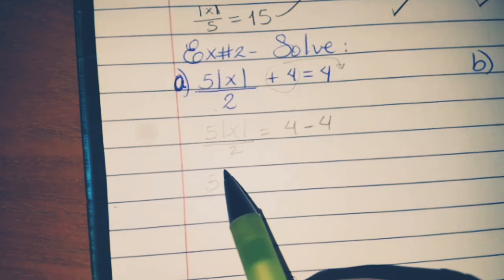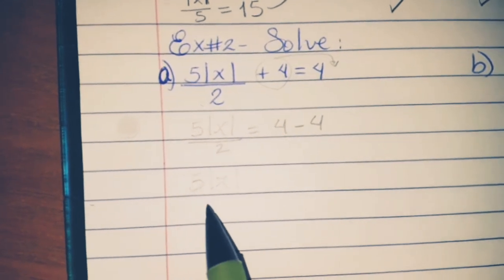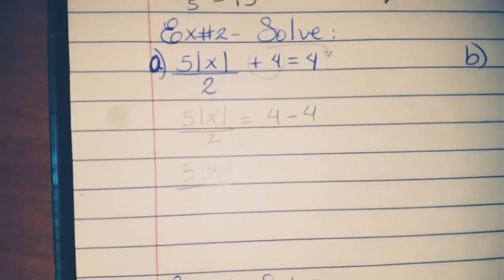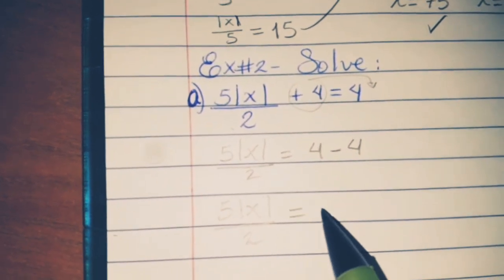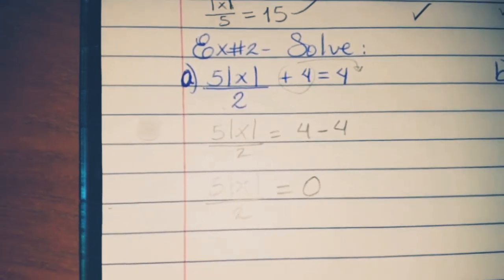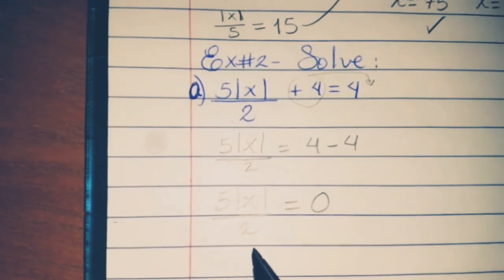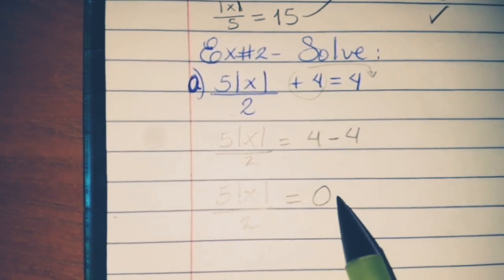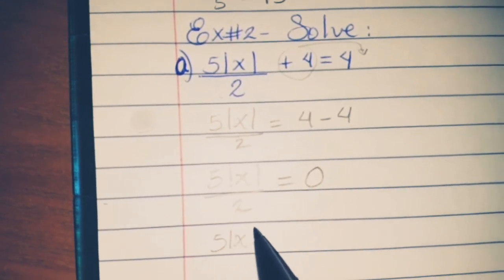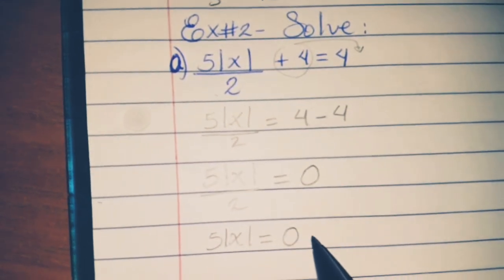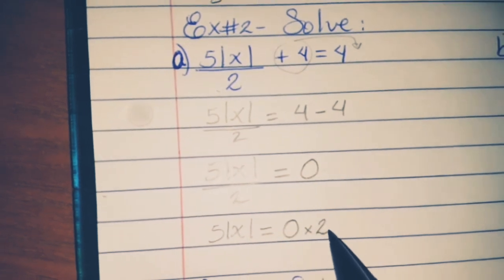Now 5 absolute value of x divided by 2 equals 0. Now the 2 comes to this side of the equation multiplying. So 5 absolute value of x equals 0 times 2.